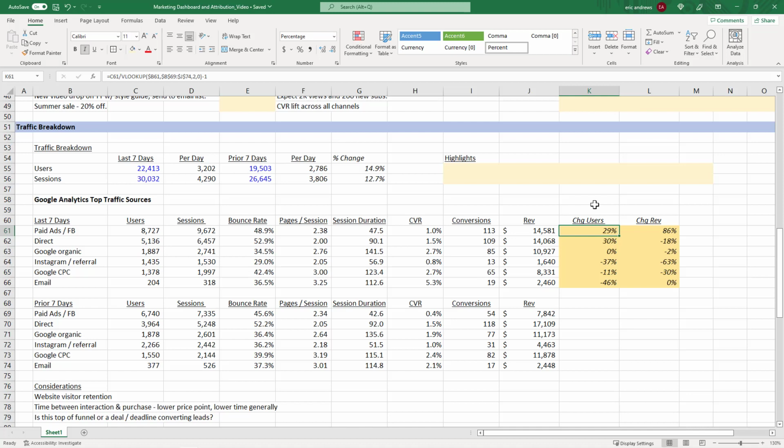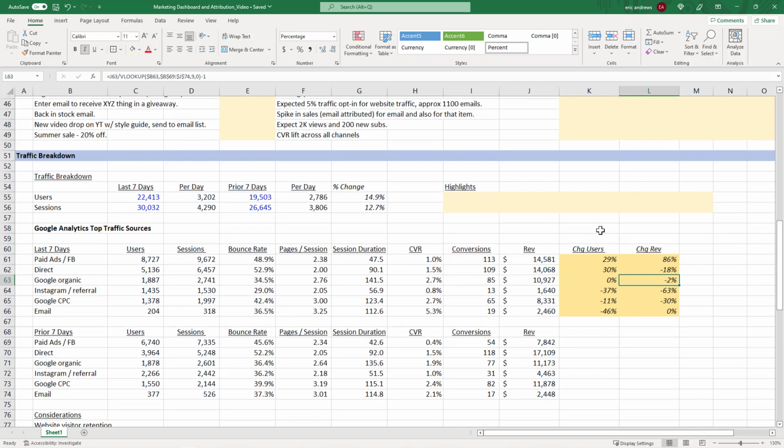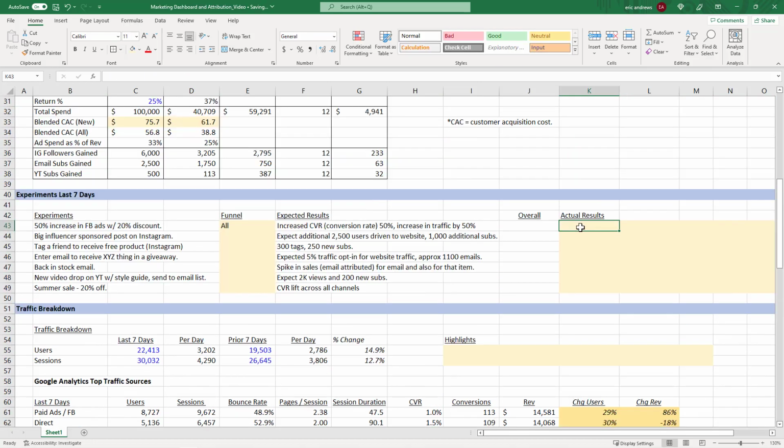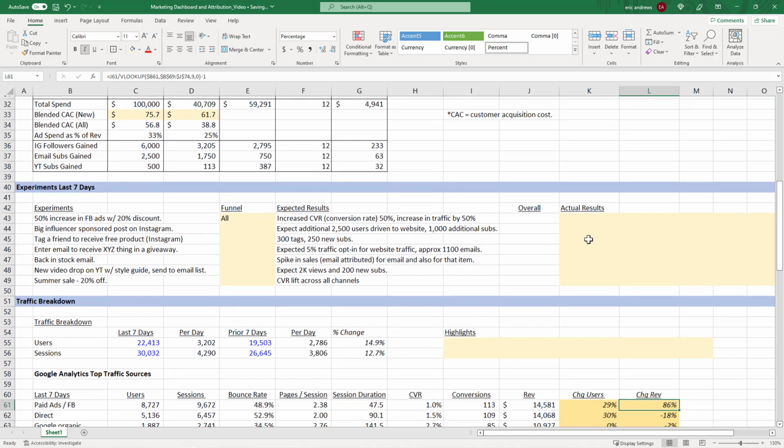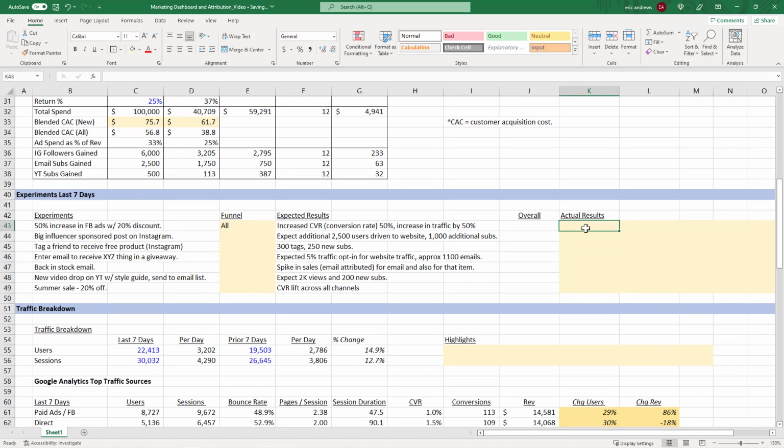And so if we see an 86% increase in last click revenue, I think we can tell that this boost in spend in combination with this discount drove our revenue up quite a bit. So, okay, we can see that there was an 86% increase in Facebook revenue.